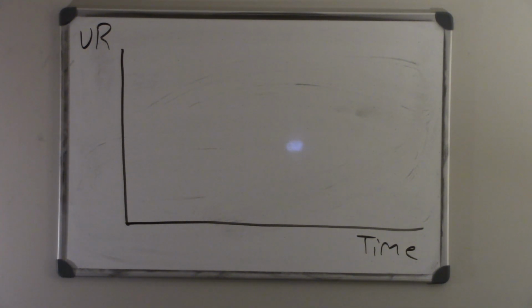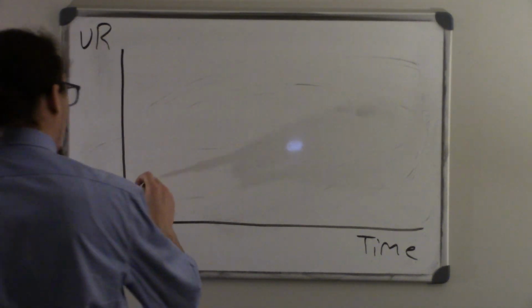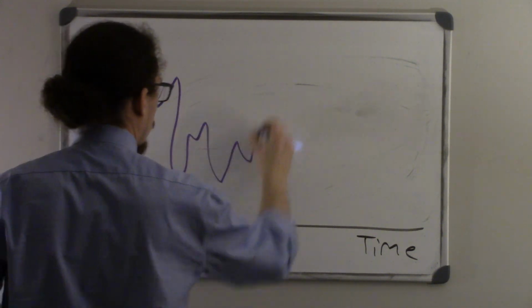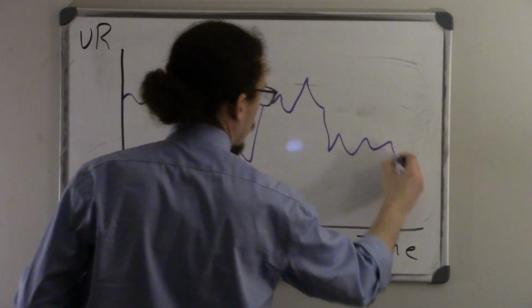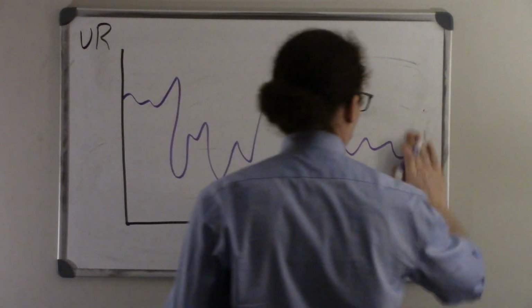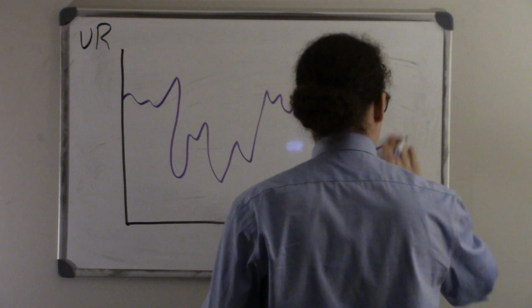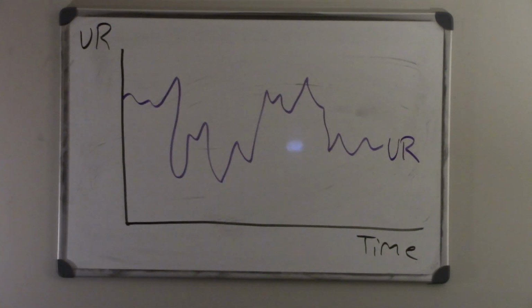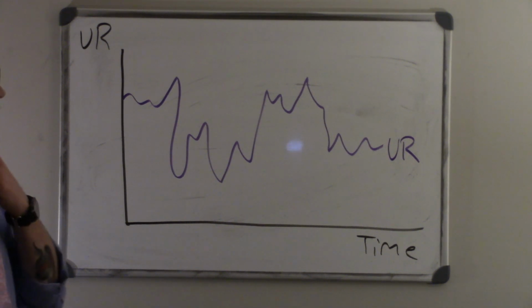If we're just looking at the unemployment rate as it is, it might look something like this. So we'll cut it off there. This is just your unemployment rate. That's probably a little bit more jagged than it should be.